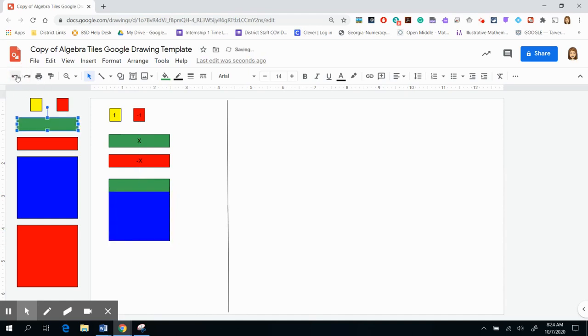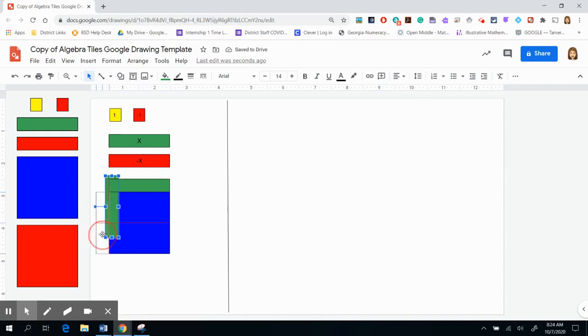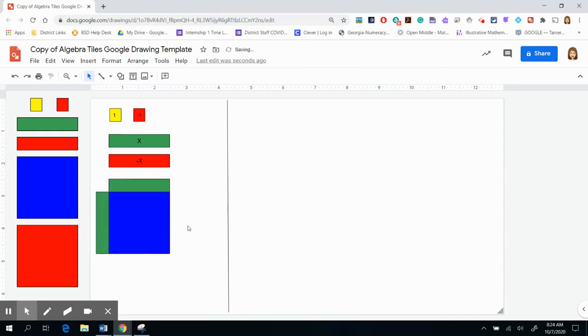But I still think we're onto something with the idea of the x value. I wonder if we can do some rotating here. We're going to bring down another green rectangle, another x. I'm going to set those up here. Now this reminds me of an area model that we used to use for multiplication. I've seen that a lot in our 5th grade classrooms.